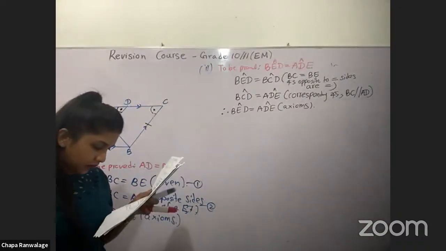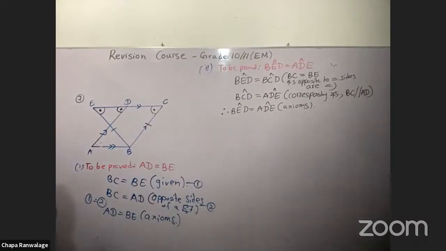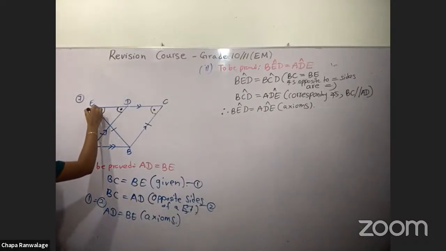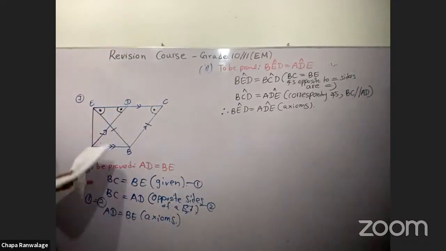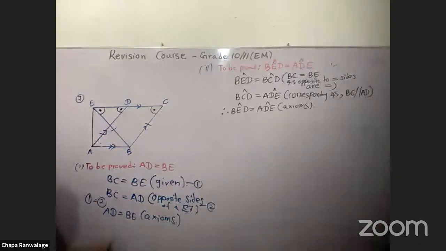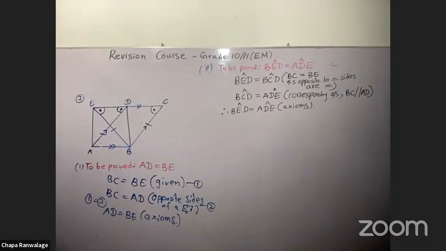Then ADE and BED. You have to join this. AED and BED are congruent.